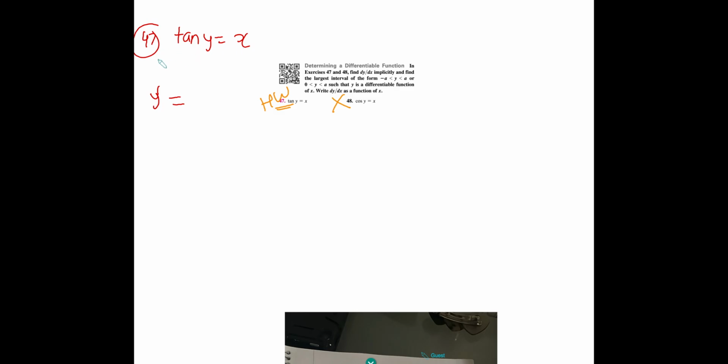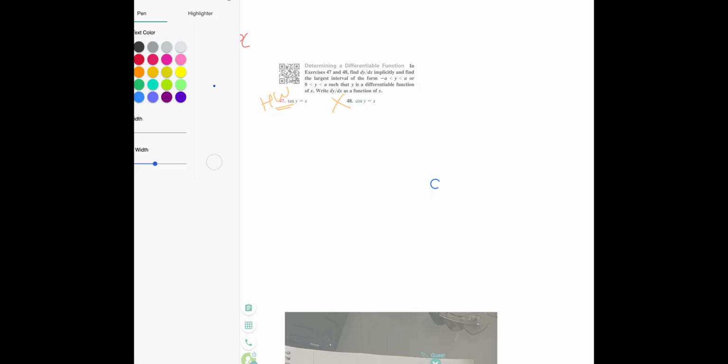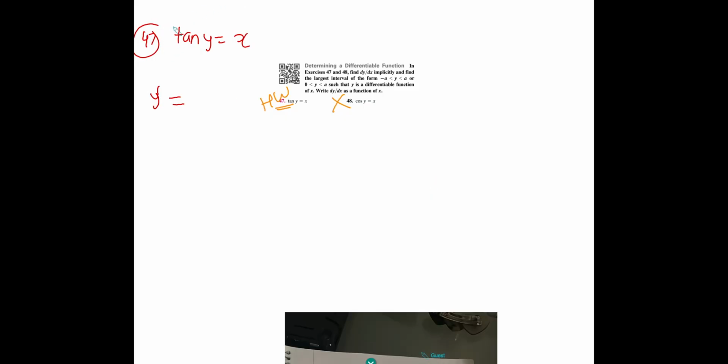First thing is differentiating both sides, isn't it? For the product rule, didn't you do secant squared x times y and then plus something times secant x? No, I'm going to explain it.